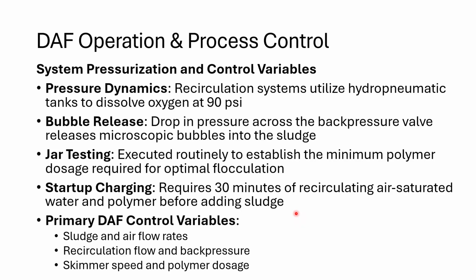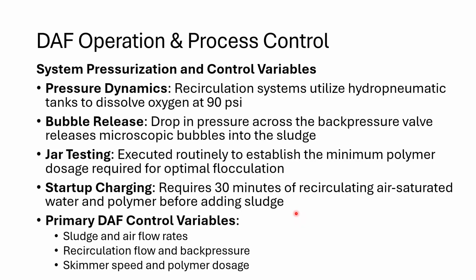By doing that, we find out the optimal amount of our flocculant, or chemical agent, that polymer, we're going to need to get the best flocculation. So we'll do that in the jar test, and we'll scale it up to our dissolved air flotation unit.